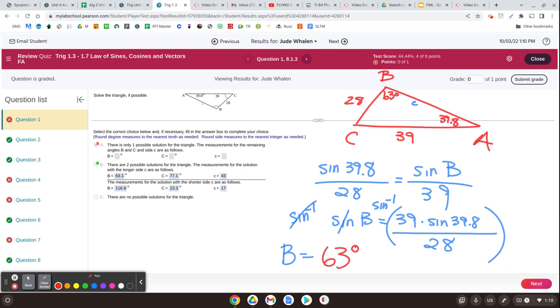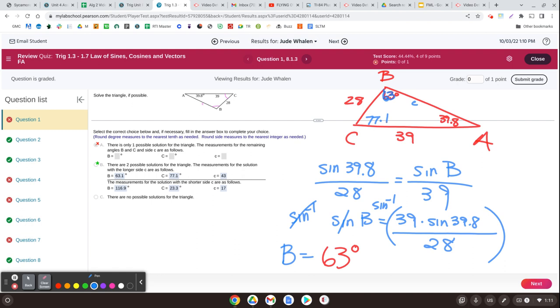Okay. So then that means in this triangle, I should probably write that as 63 in blue. In this triangle, to find angle C, you just do 180 minus 63 minus 39.8. And that's going to give you 77.1. Okay.